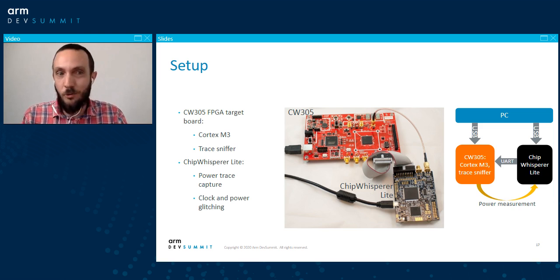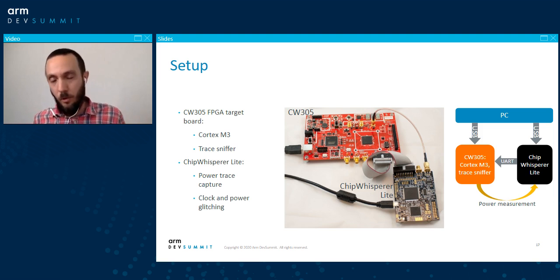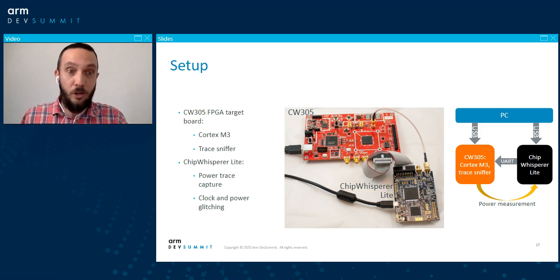All that it does really is collect power traces through the SMA cable that you can see there, and it controls the target firmware, saying, here, go do an AES encryption. Both of these are connected to your host PC, which orchestrates everything, and after the operation has been kicked off, the host PC gets back the power trace and the ARM debug trace, and can do all sorts of neat visualization and extraction of information to enable your side channel evaluation.